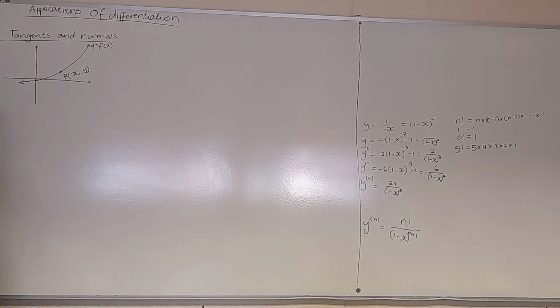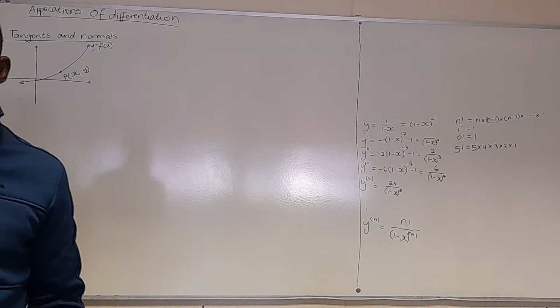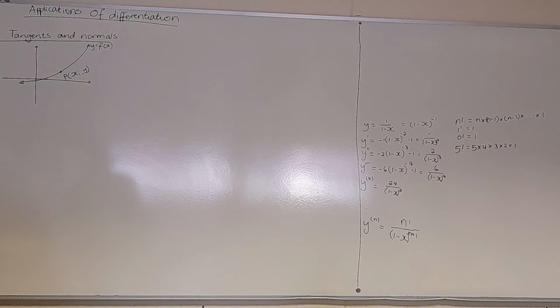And now, what is the tangent line of a curve at a certain point? What do we mean? If I'm talking about the tangent of a curve at a point, what am I talking about? A straight line that passes through the point.